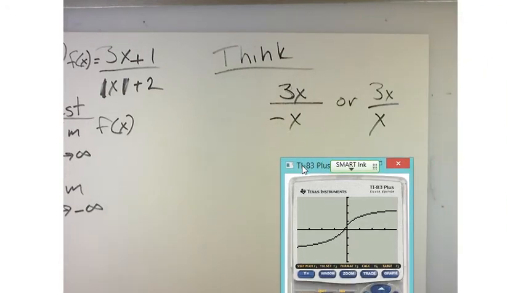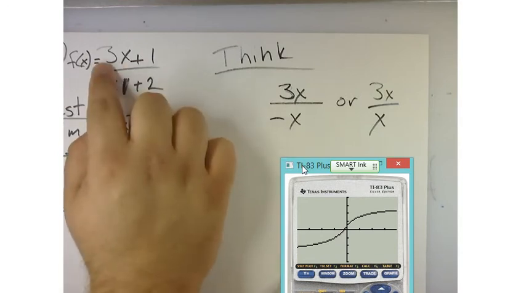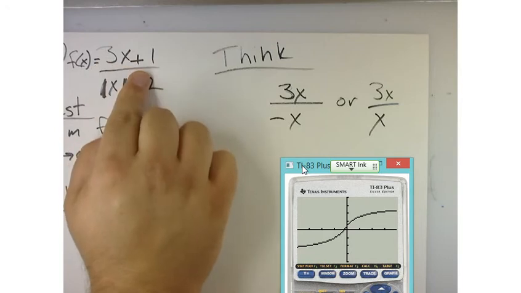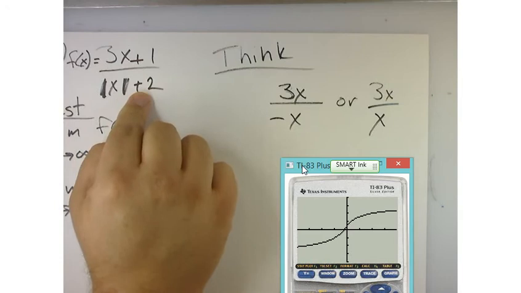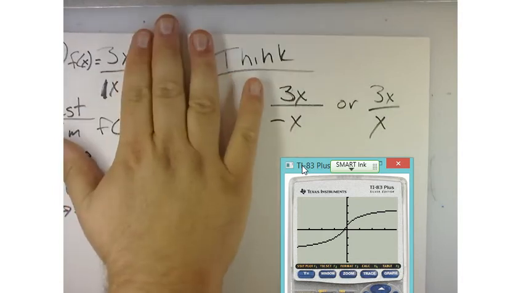So as I look at the behaviors of that, in other words, if I plug in infinity and I multiply it by 3, I get 3 times infinity. Does it really matter if I add the 1? No, it's insignificant, right? And same thing here. If I get the absolute value of infinity, does it really matter if I add 2 to infinity? No.